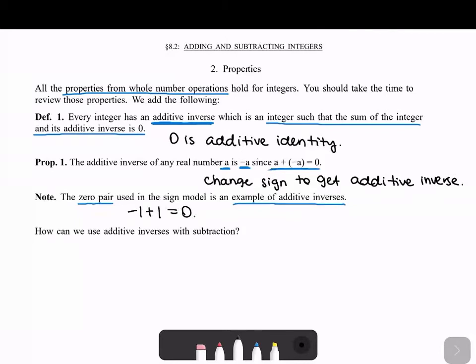And that's because 1 and -1 are additive inverses. They're also opposites. They have opposite sign. And so these are all ways of saying the exact same thing: 1 plus -1 is 0, 1 and -1 are additive inverses, 1 and -1 are opposites. All of those just tell us the exact same thing.